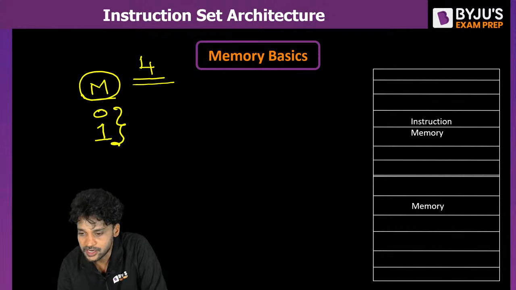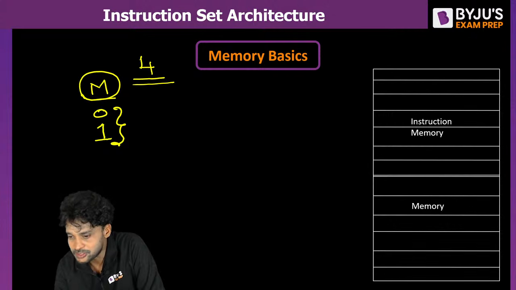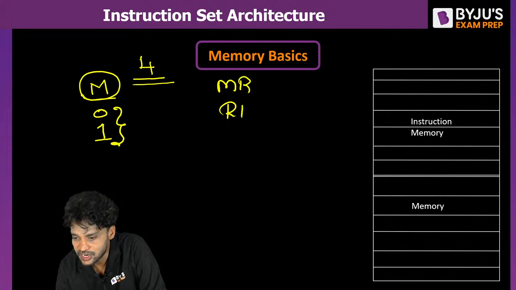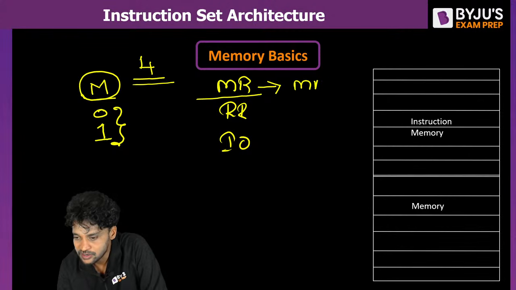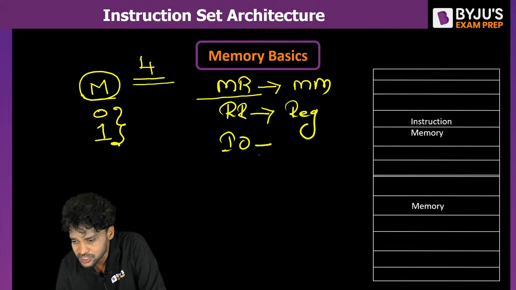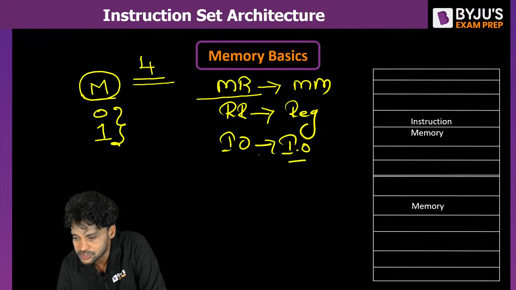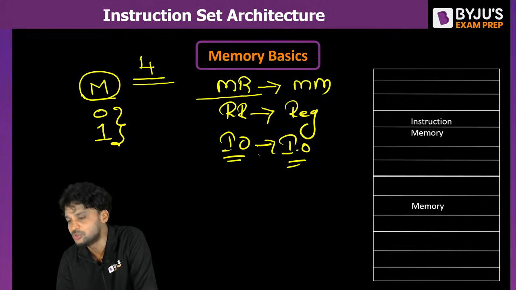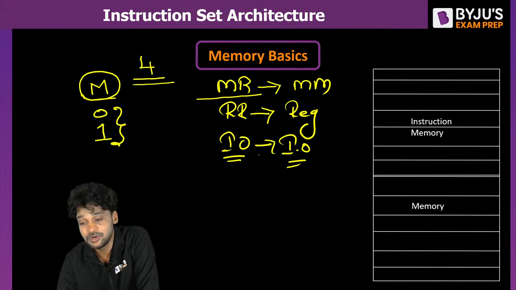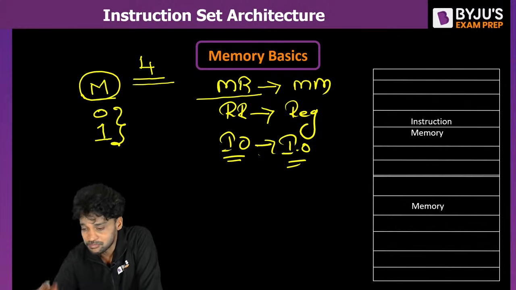Now, I divide my total opcodes into 3 categories: memory reference, register reference, and the IO instructions. For all the memory reference instructions, operands are available within the main memory. For all the register reference instructions, operands are available in the processor's registers. For IO instructions, operands are at IO devices, but IO instructions are not just to perform operations; they are also used for some transfers.